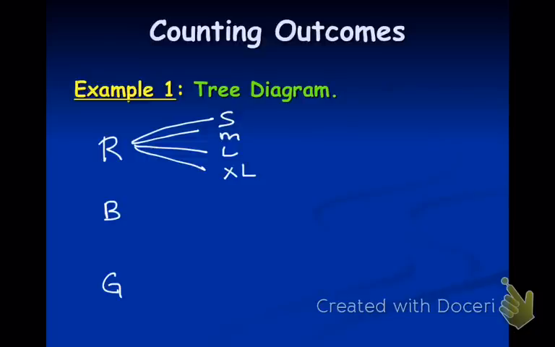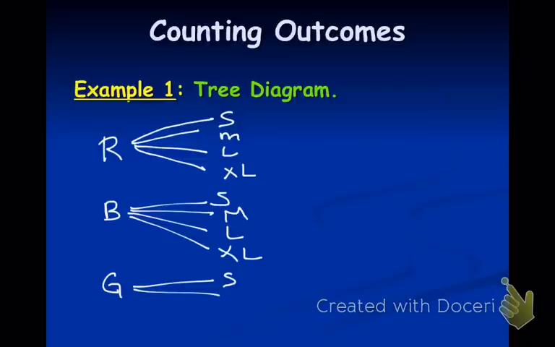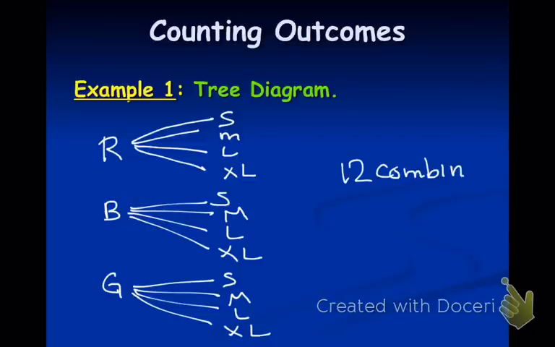Same thing if I buy a blue shirt, and if I buy the green shirt. So as you can see here, we have a total of 12 combinations.